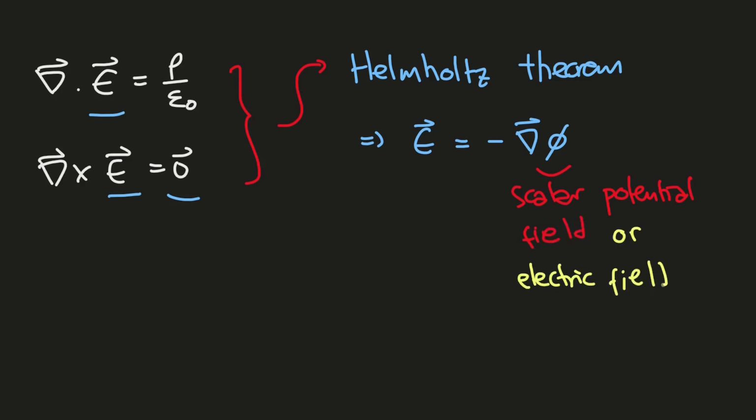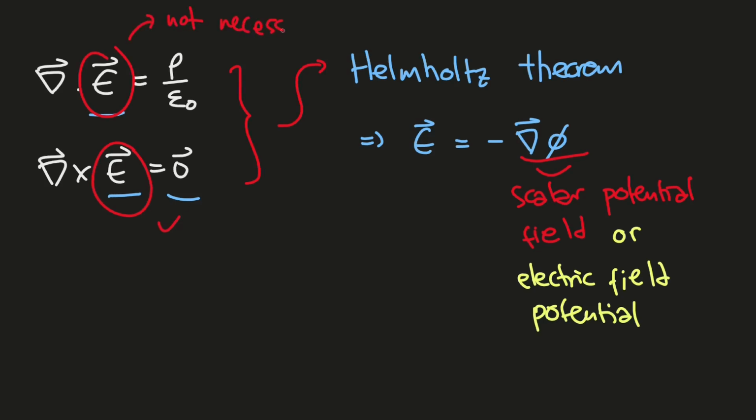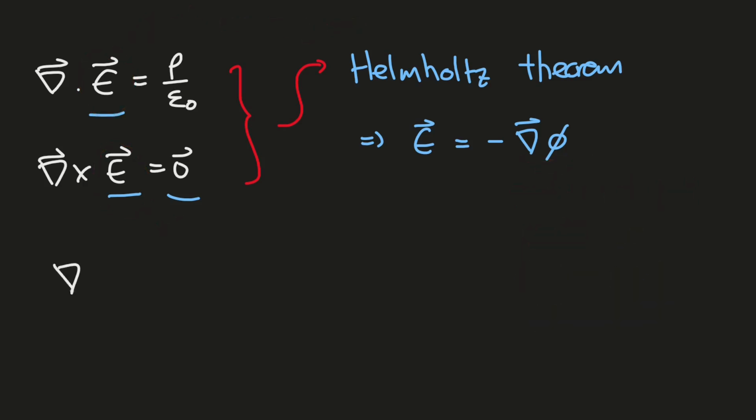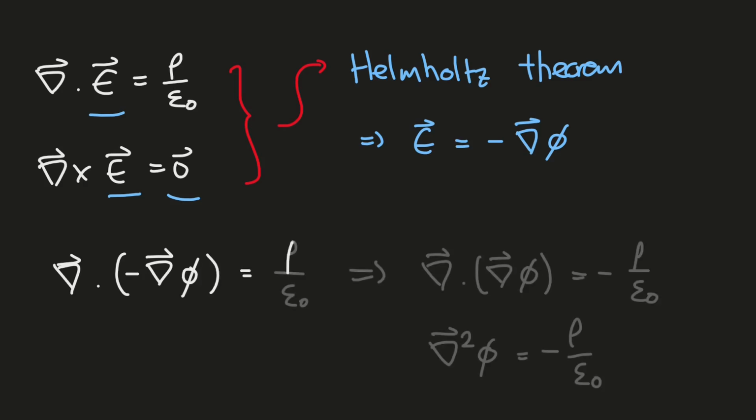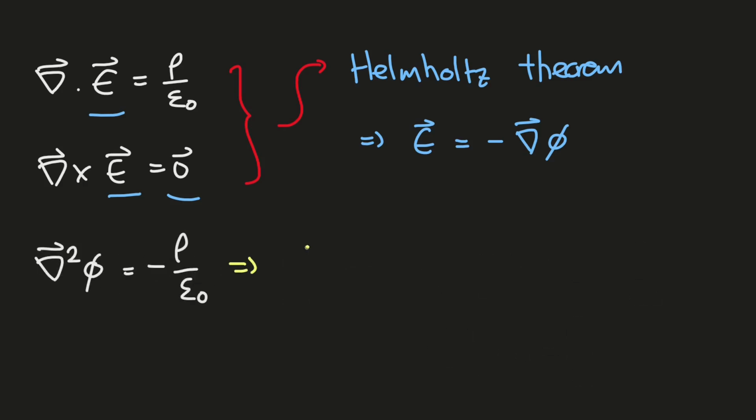We choose this kind of function because of the electric field's properties, which I will explain in future videos: in the curl this holds, but in the divergence it is not necessarily 0. So by substitution into the first equation, the result becomes this, and this result is the Poisson partial differential equation.